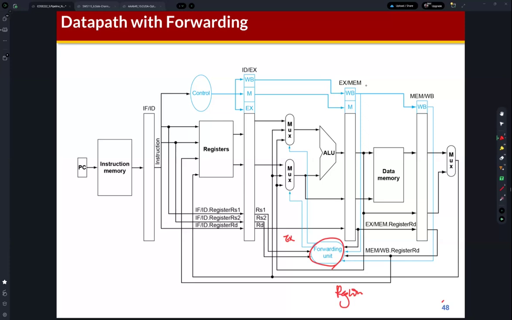And the implementation can be simple, but in order to support data forwarding and hazard control, the pipeline architecture can be a little bit tricky, okay? But you need to understand. This is a very important part of this course.